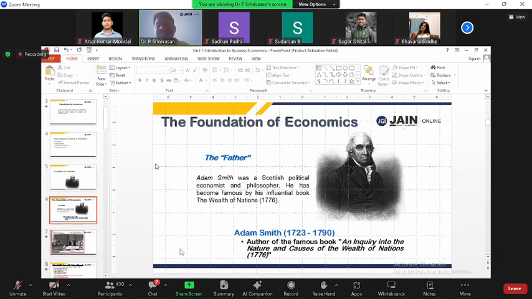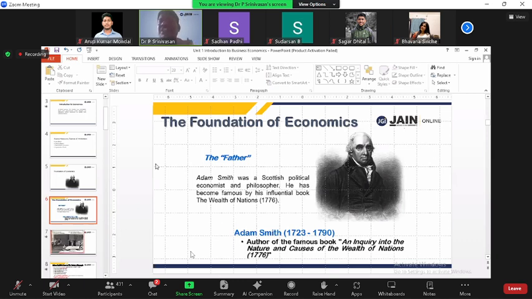He's from Scotland. He introduced a lot of the principles, concepts, and philosophy in economics. In fact, the concept of division of labor was introduced by him, which we teach in management.